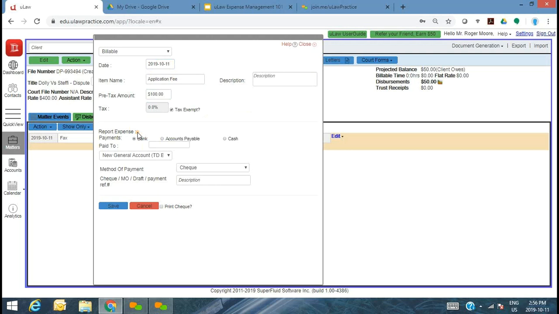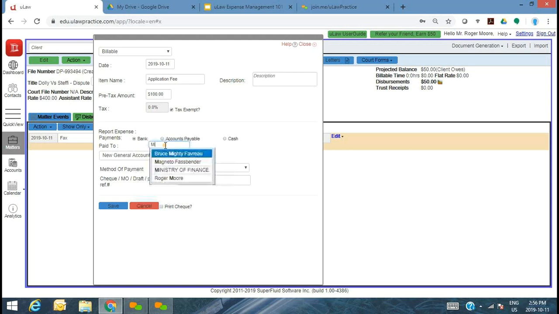And now we ask, how did we pay for this in real life? We spoke about all those data elements. The data elements at the top are what was it for, what was the date, what was the amount. The bottom part here is reporting the expenses. Now, how did you pay for it? What bank account did you use? And who did you pay this to?